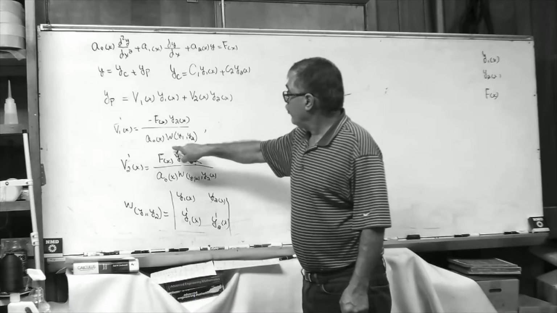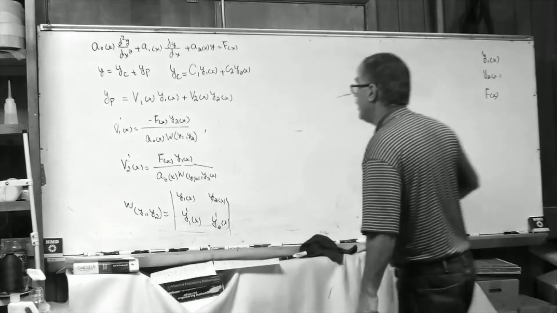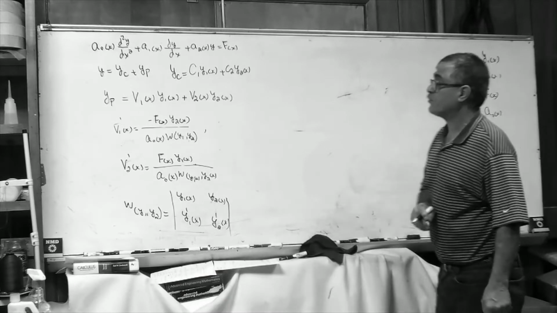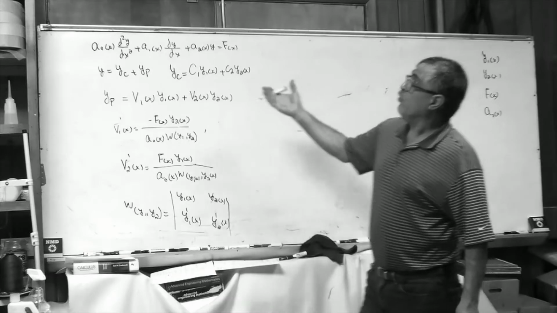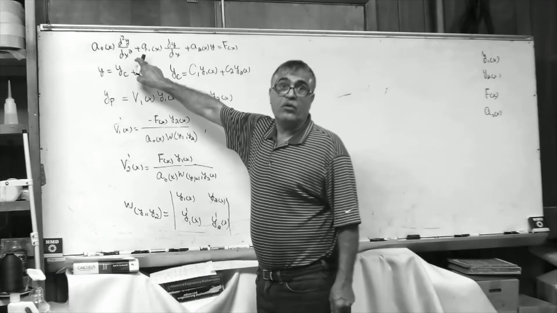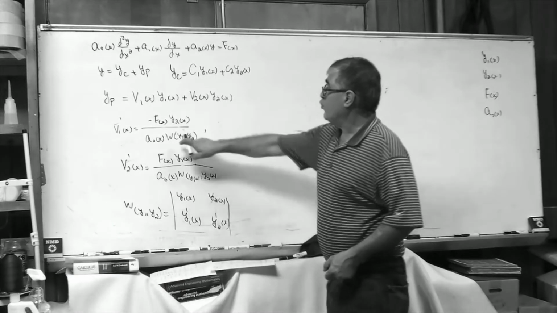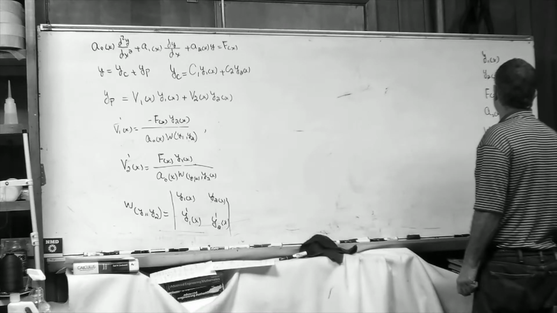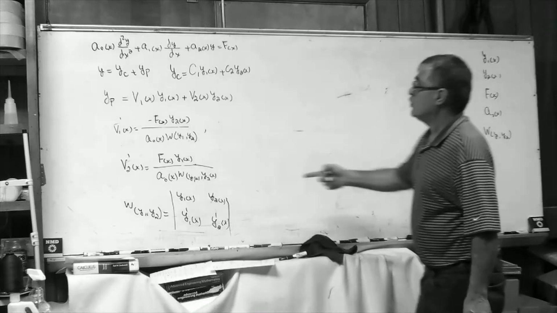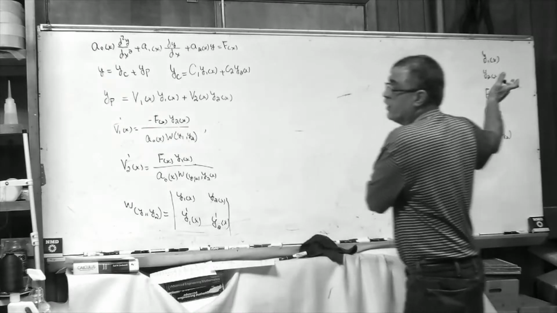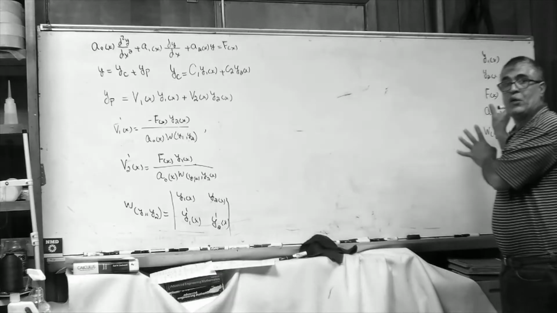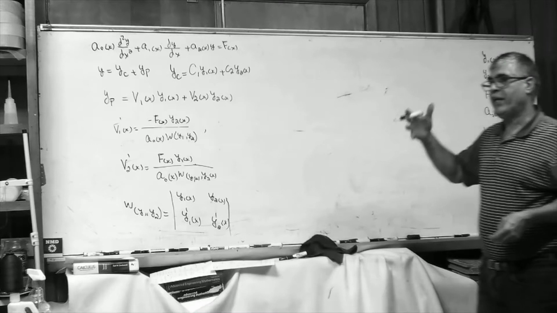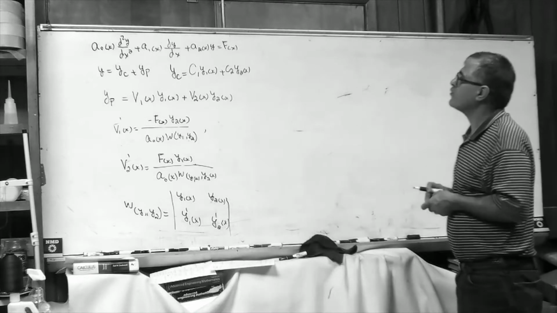We need to know the value of a0(x), which is the coefficient of the second order, and we need to find W(y1, y2). So that's what we need to do.